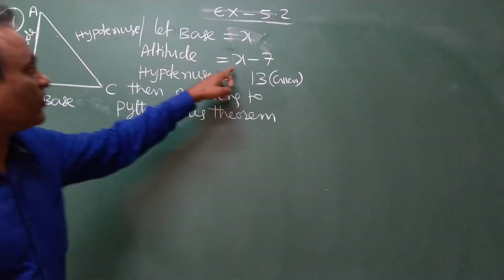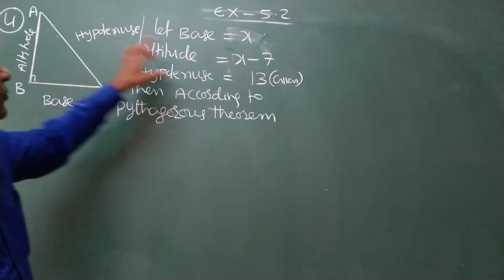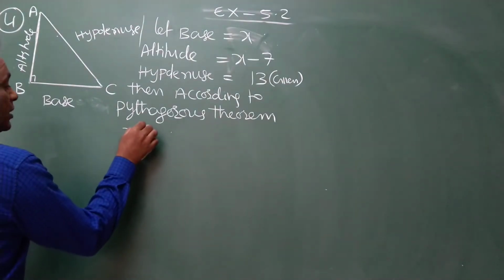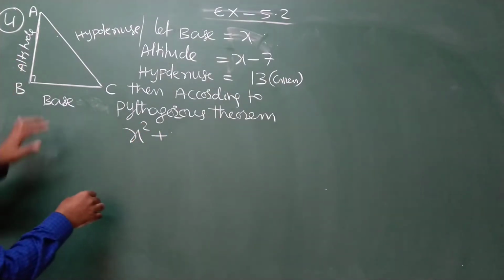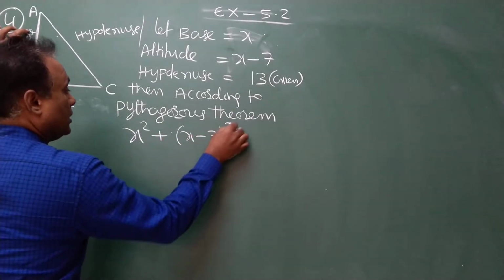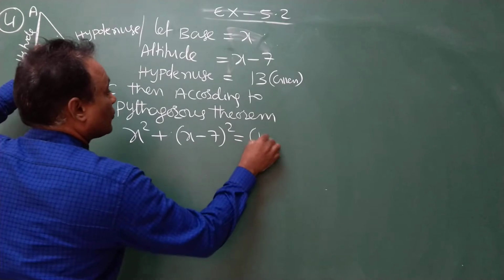This will be x minus 7. Hypotenuse is 13. Then according to Pythagoras theorem, it states that side square plus side square is equal to hypotenuse square.